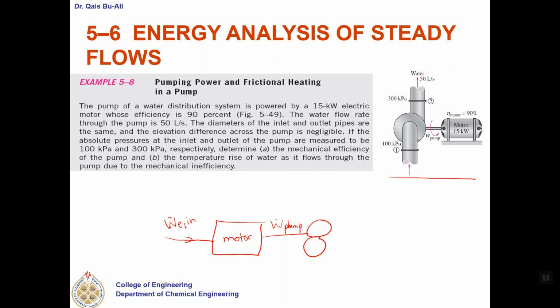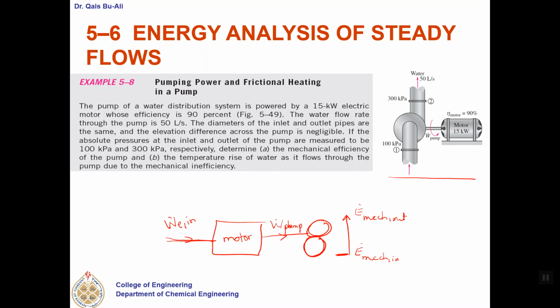This is the energy direction from the electricity to the motor, to the shaft, to the pump, and from the pump to the fluid that is going to be raised, from E mechanical in to E mechanical out. This is the summary of the problem.